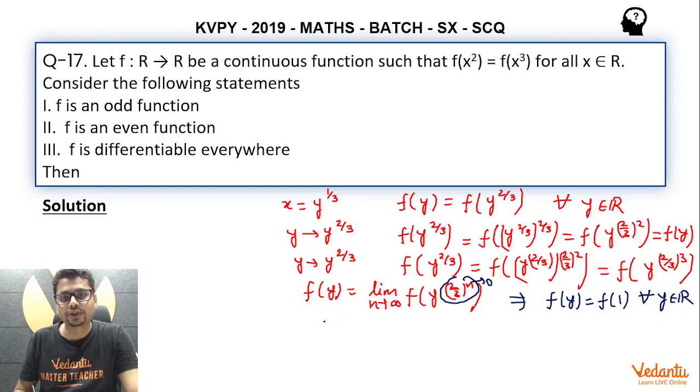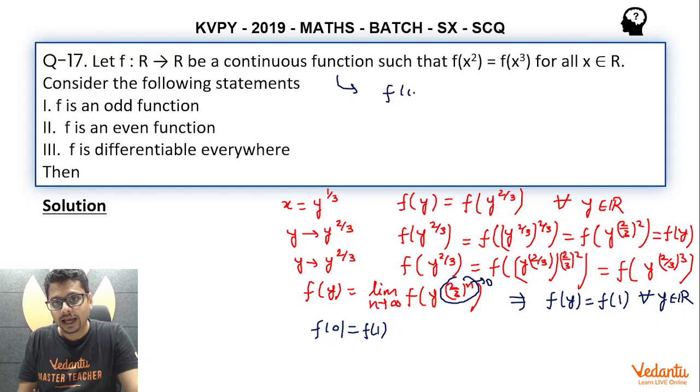Now what about f of 0? F of 0 has to be equal to f of 1 only. Why? Because f of x is given to us as a continuous function. So if it is a continuous function, we can say f of 0 is equal to limit x tending to 0 f of x, or limit y tending to 0 f of y.